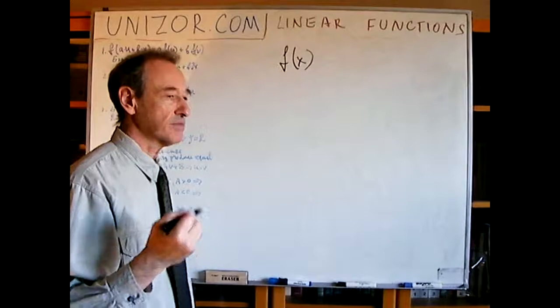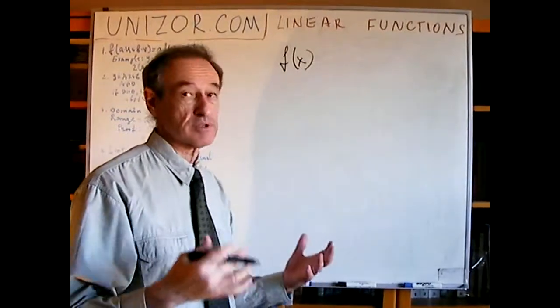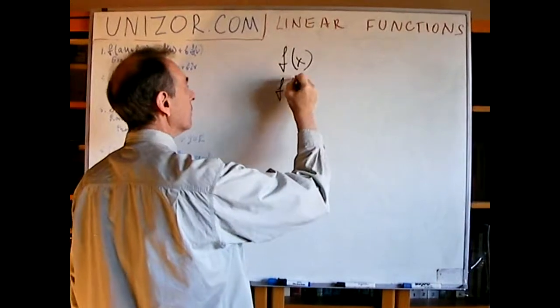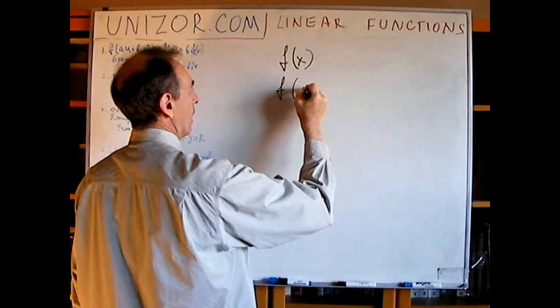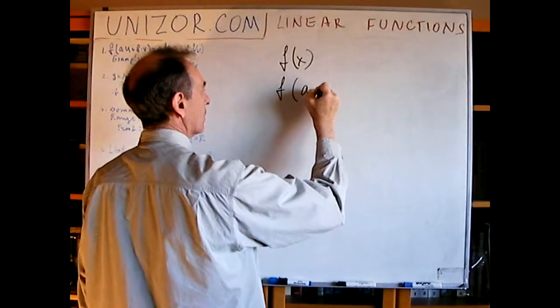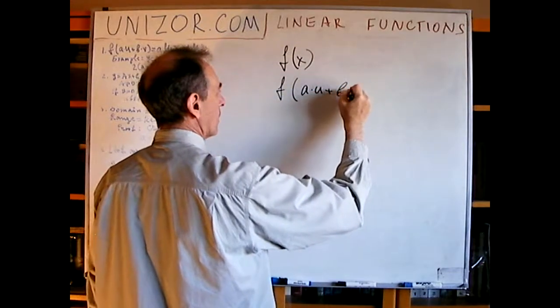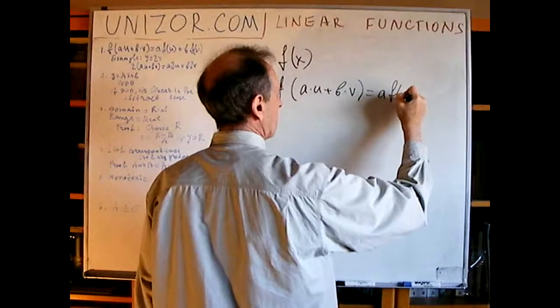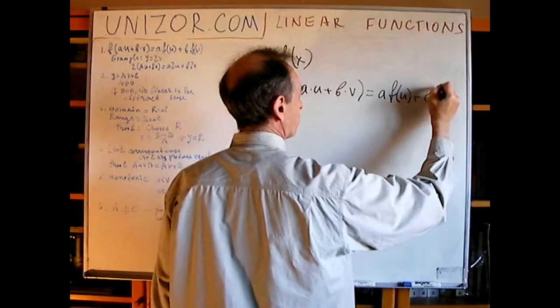So the concept of linearity in its abstract sense says the following, that the function is supposed to be considered linear if the following is true.